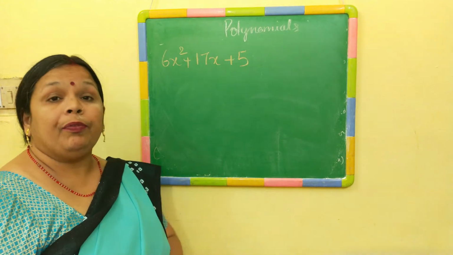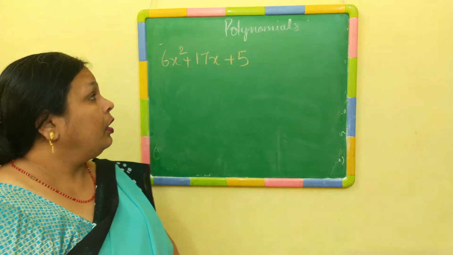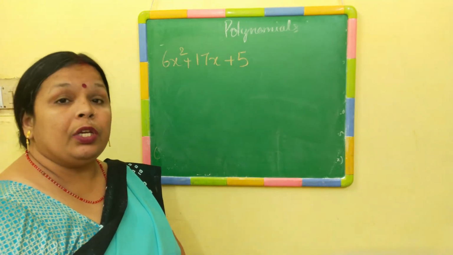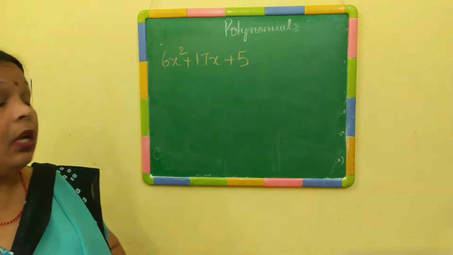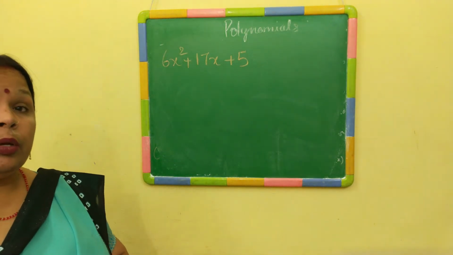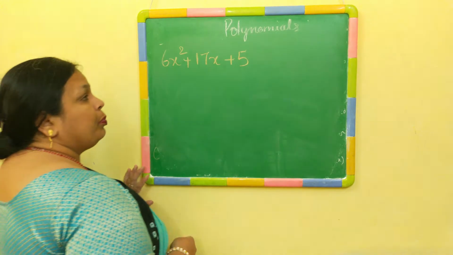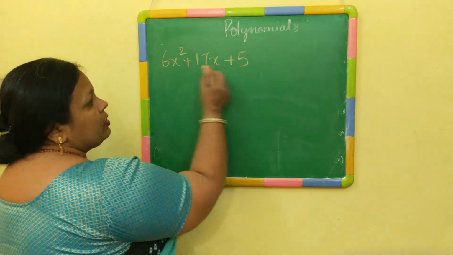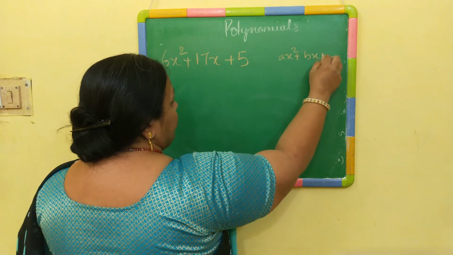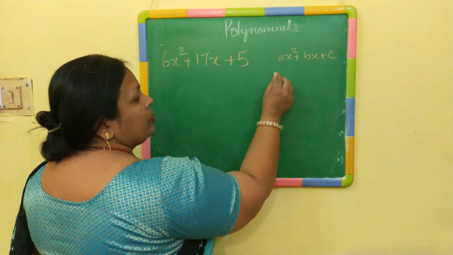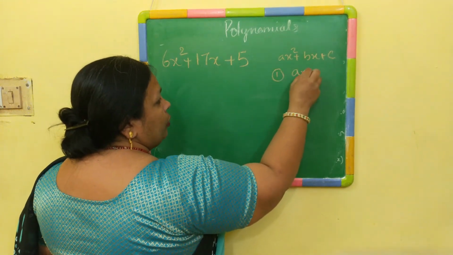Now we are applying the factor theorem on this problem, and we will be using the splitting middle term method, which we have already used in our previous classes. What was splitting the middle term? If this is an equation ax square plus bx plus c, the first thing done was taking the product of a and c.